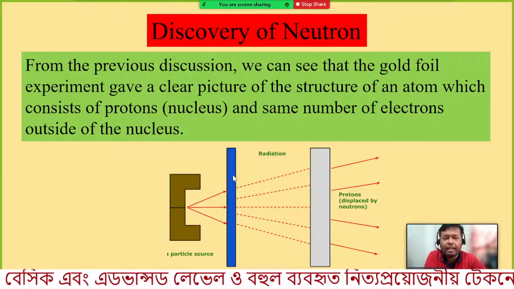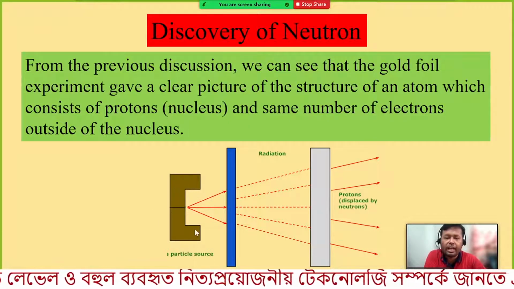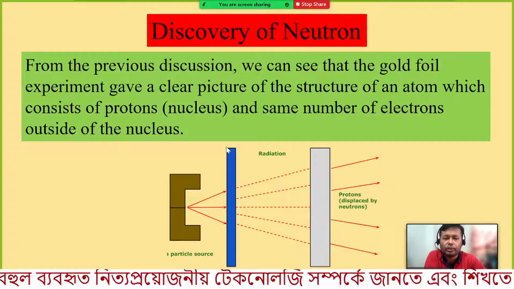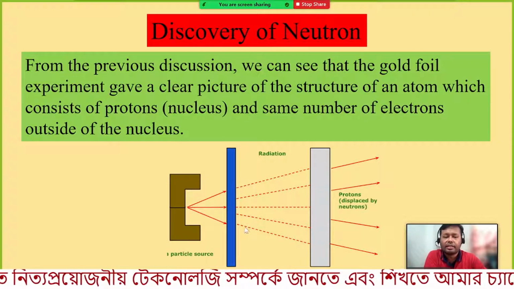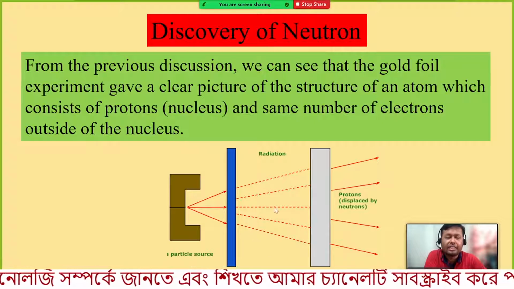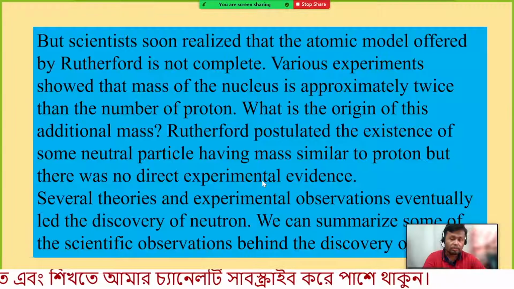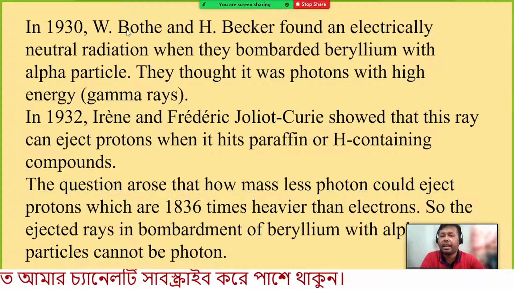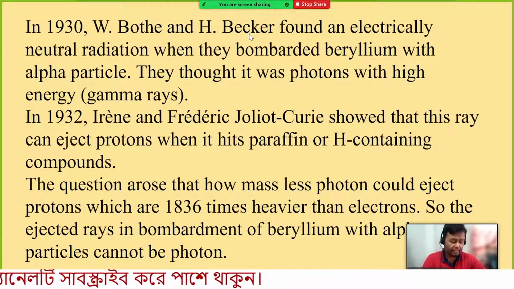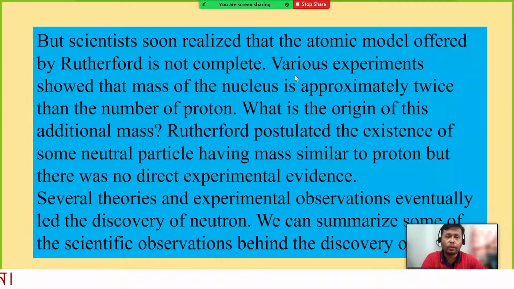This is the beryllium, and when the alpha particle hits the beryllium, some neutral radiation is generated. From this, W. Bothe and H. Becker mentioned that it could be a photon.